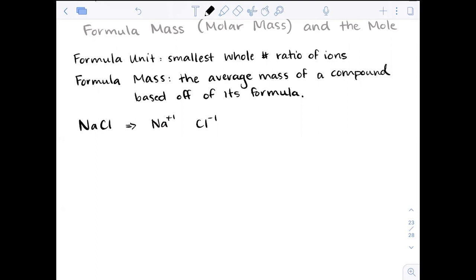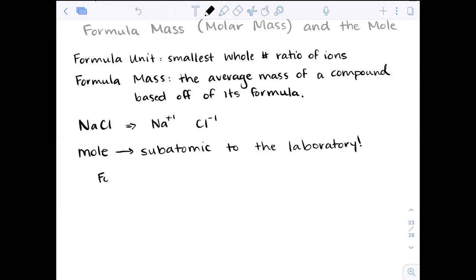So when we're looking at utilizing our samples in the lab, the mole, remember, brought together the subatomic realm to the laboratory realm. And since we don't just look at elements, we also need to utilize that mole in compounds.